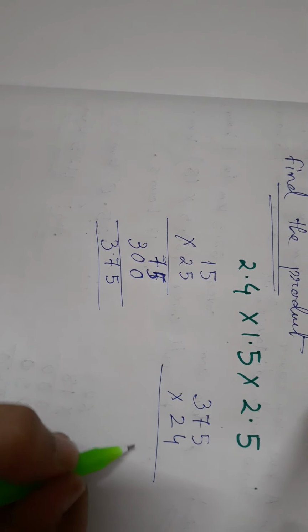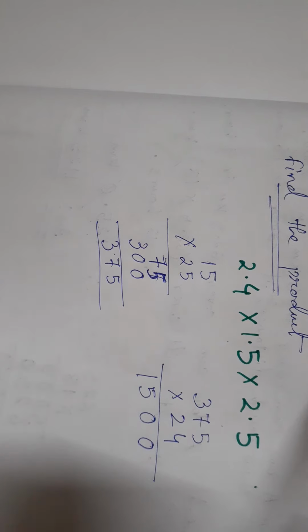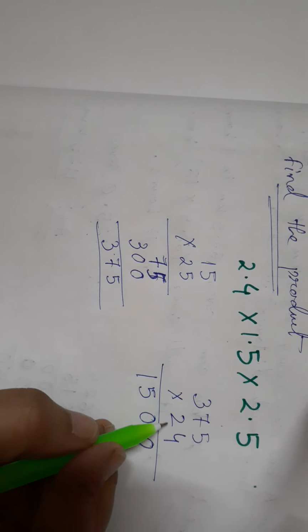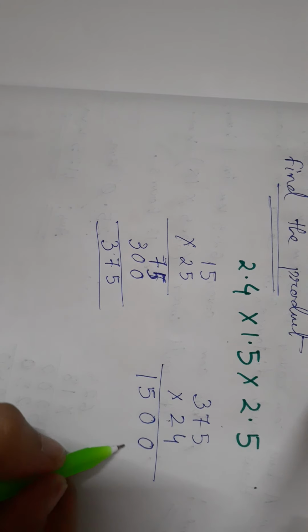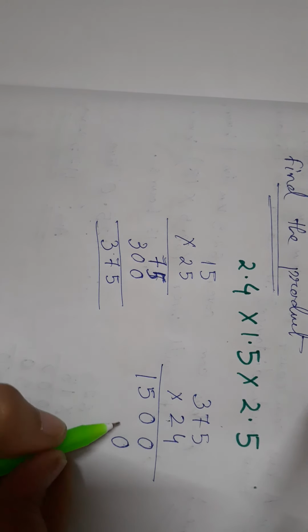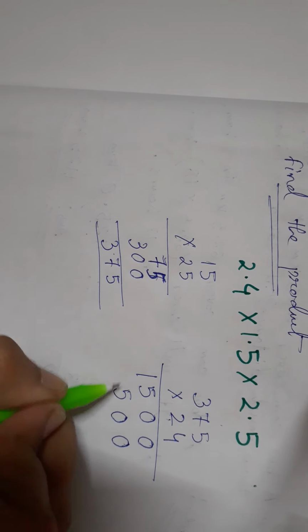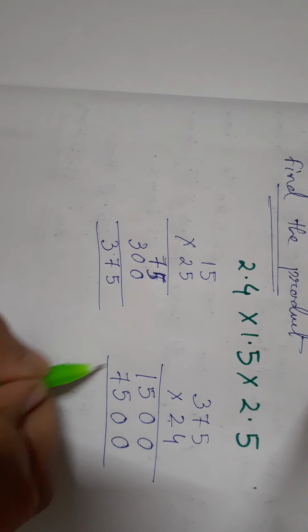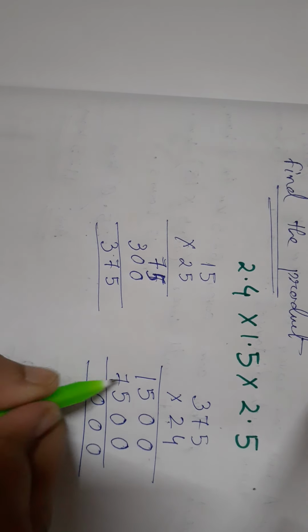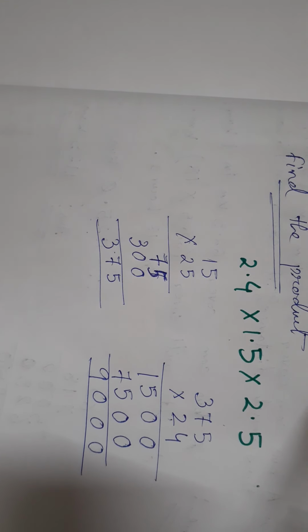So when we multiply this one, it is coming 1500. Then we will multiply this 375 with 2 again. Before that we'll put a 0 over here, and then when you multiply this one, we will get 750. So ultimately when we add these two, we get 9000. Now we have to consider the decimal point.